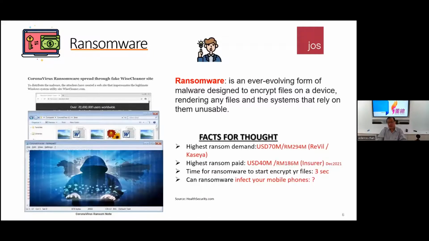Some statistics on ransomware. The largest ransomware demanded was USD 70 million, about 294 million ringgit. It was by the ransomware gang REvil, and the customer called Kaseya is in the US.